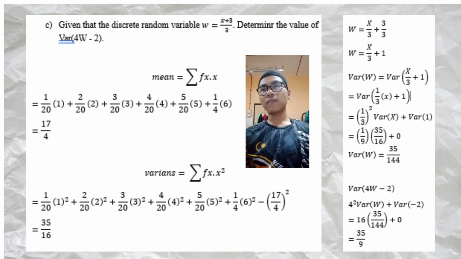After splitting, it becomes variance W plus variance minus 2. Because variance minus 2 is still 0, it becomes 0. 4 square becomes 16, and variance W is 35 over 144. And then the total answer is 35 over 9.